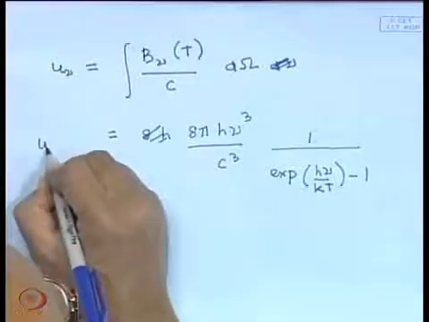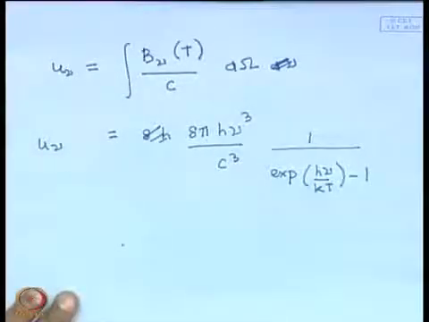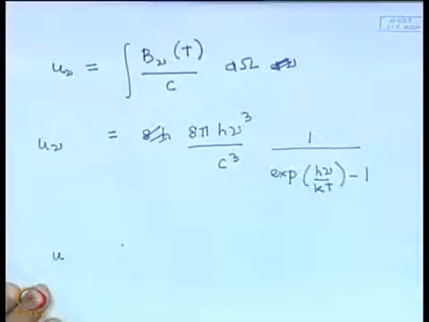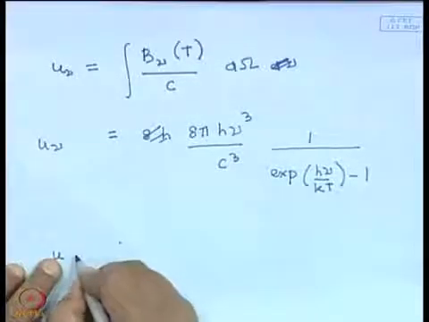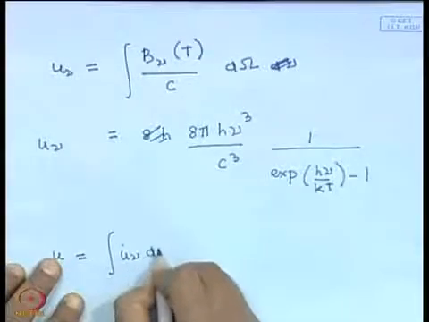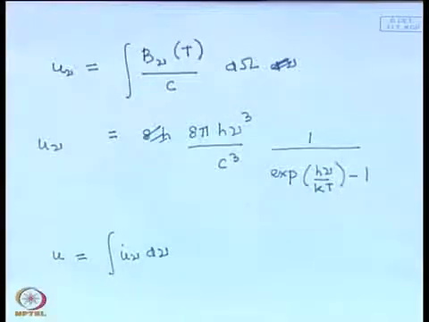So, this is the energy density at a frequency nu in the black body spectrum, and to calculate the total energy density integrated over all frequencies, I have to integrate this over all frequencies.